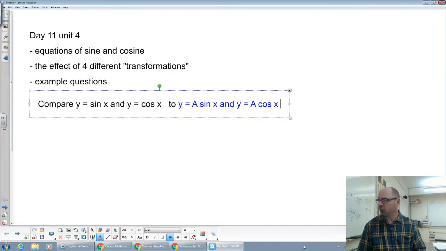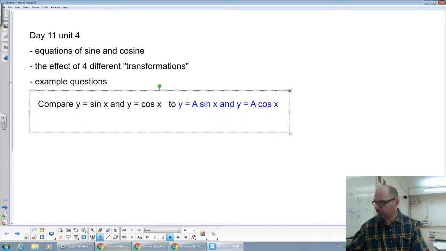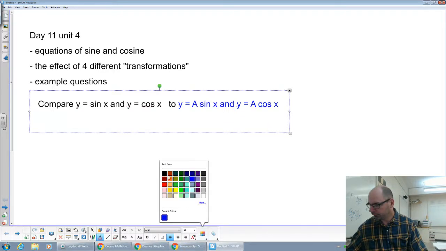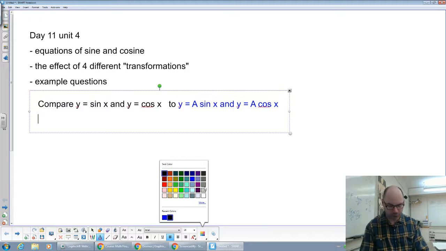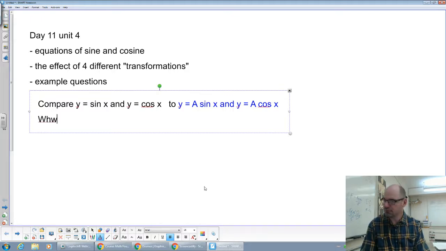So what happens where a is a number? Where a is an integer.